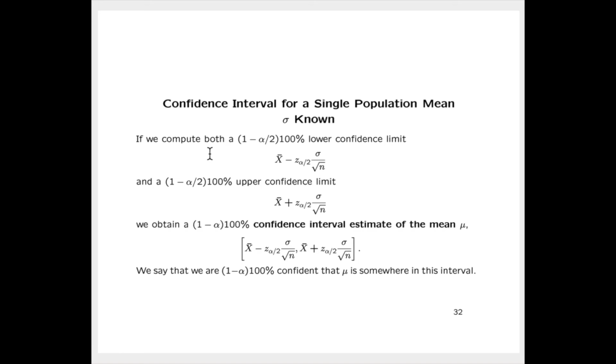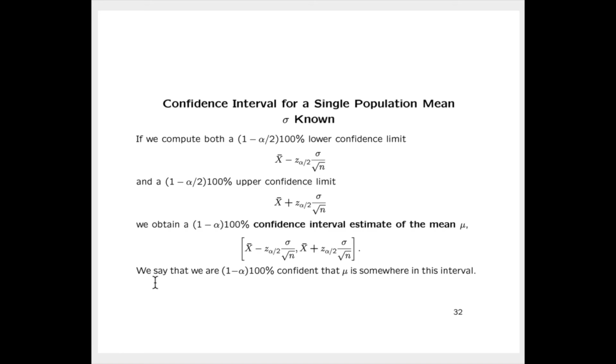So if we compute both a 1 minus alpha over 2 times 100% lower confidence limit for mu, given by this quantity here, and also a 1 minus alpha over 2 times 100% upper confidence limit for mu, given by this quantity, and if we put them together as an interval, so this would be the lower endpoint, this would be the upper endpoint of the interval, then what we get is a 1 minus alpha times 100% two-sided confidence interval estimate of the mean mu.